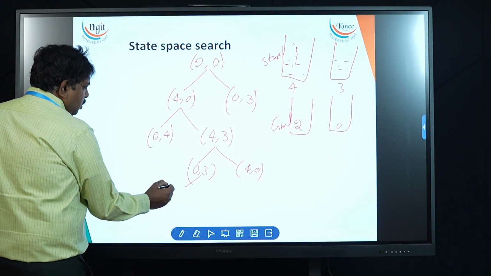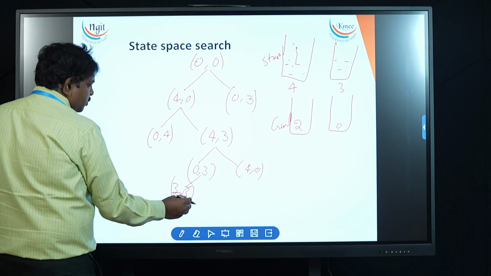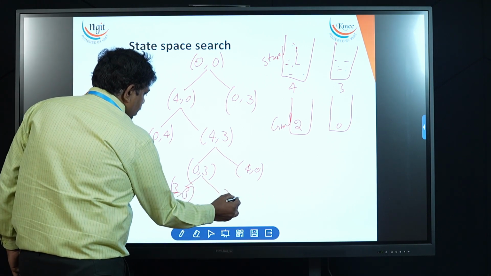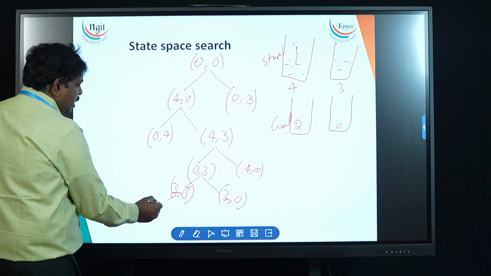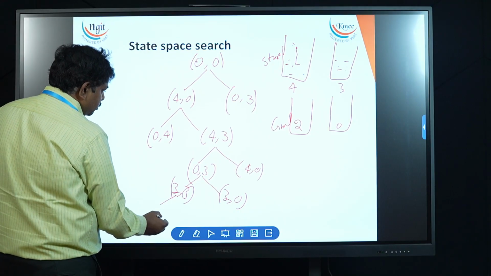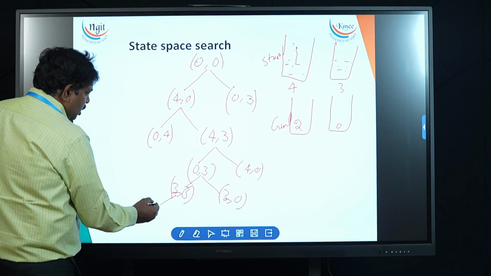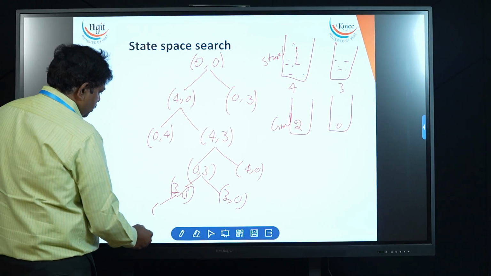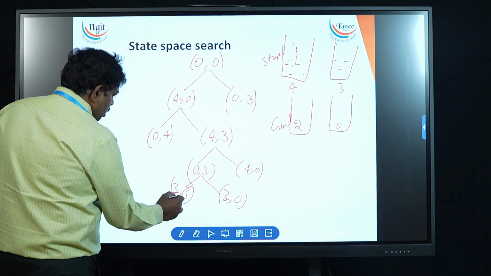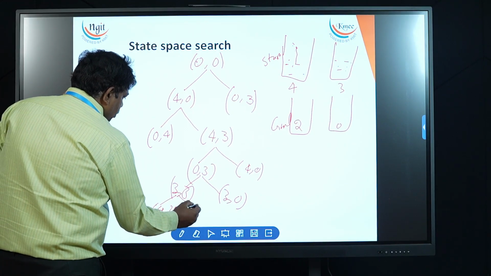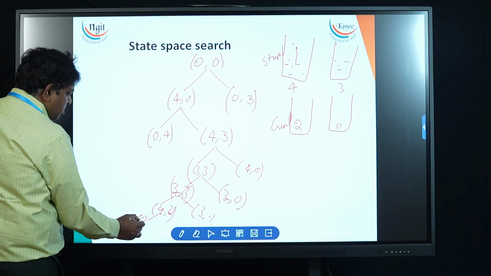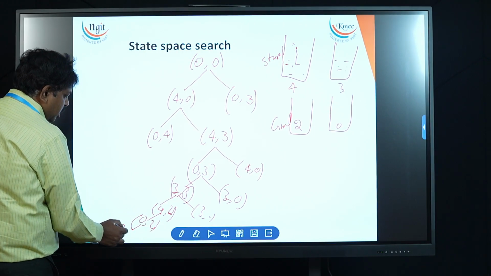So from 3, 0 I can go into a 3, 3 state or 3, 0 state. From 3, 3 I can go to 4, 2 state or some other 3, 0 state. From 4, 2 state I can go to 0, 2. From 0, 2 I can go to 2, 0.